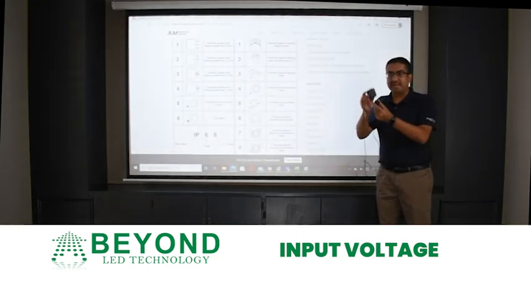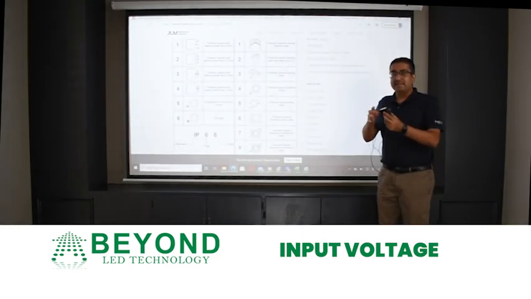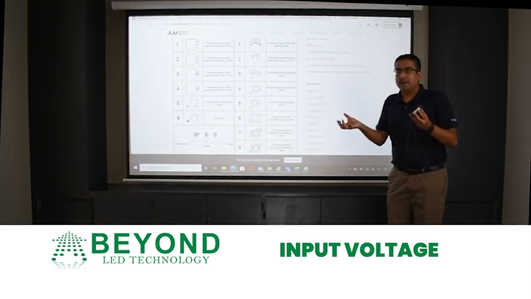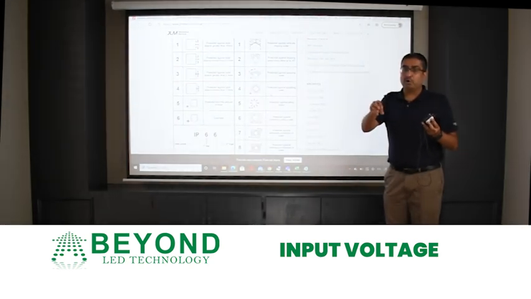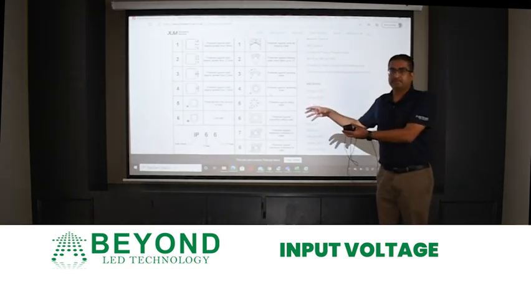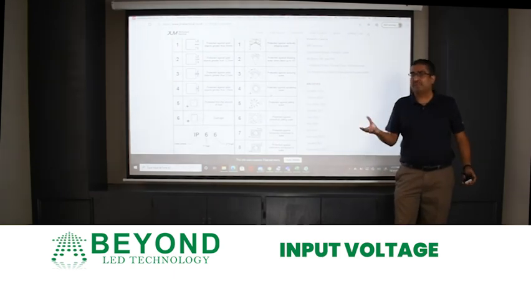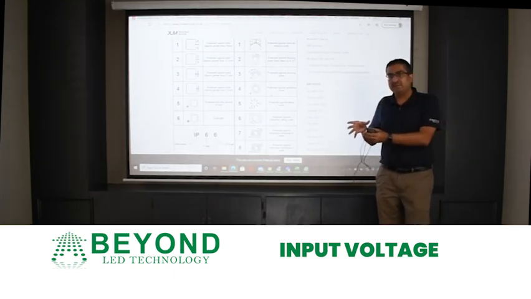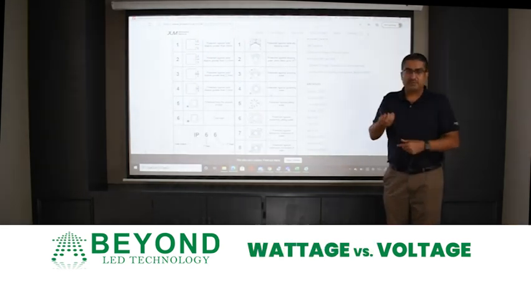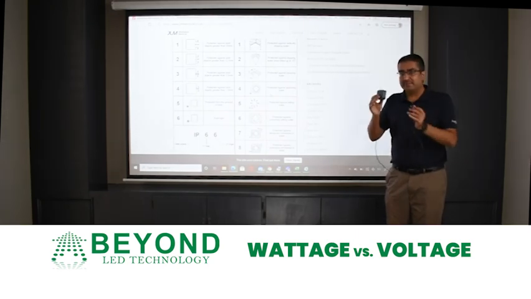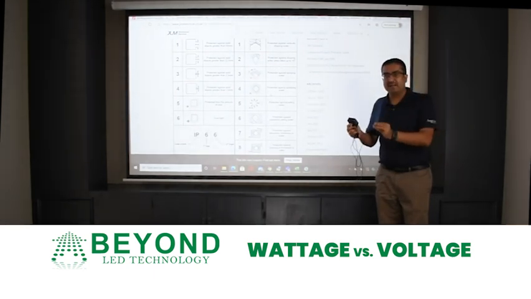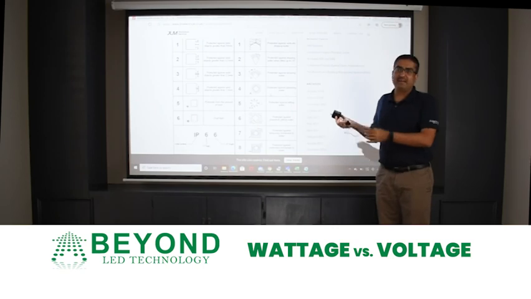The laptop needs 5 volts, but it says 110, which means there is a driver, a converter in between, converting the power to whatever is required for the particular product or LED. So most LED chips are low voltage, but there is a driver in between which converts the input voltage to its requirement. I hope you understand that voltage and wattage are really key to understanding LED lighting products.